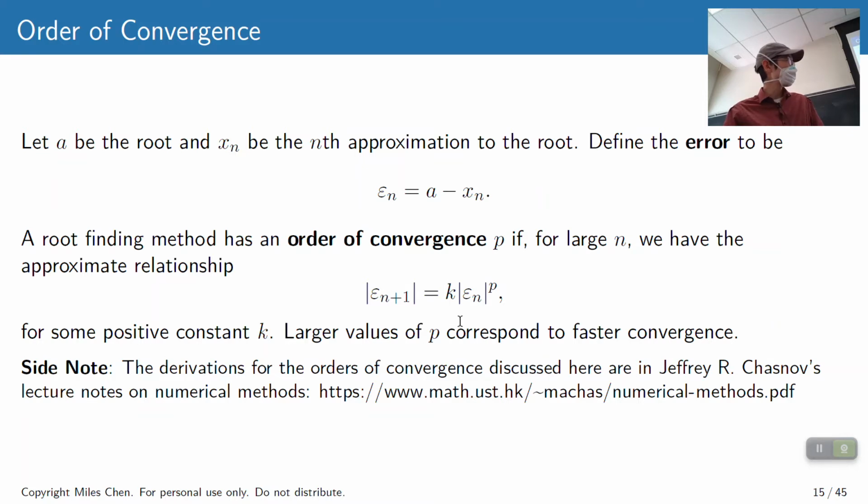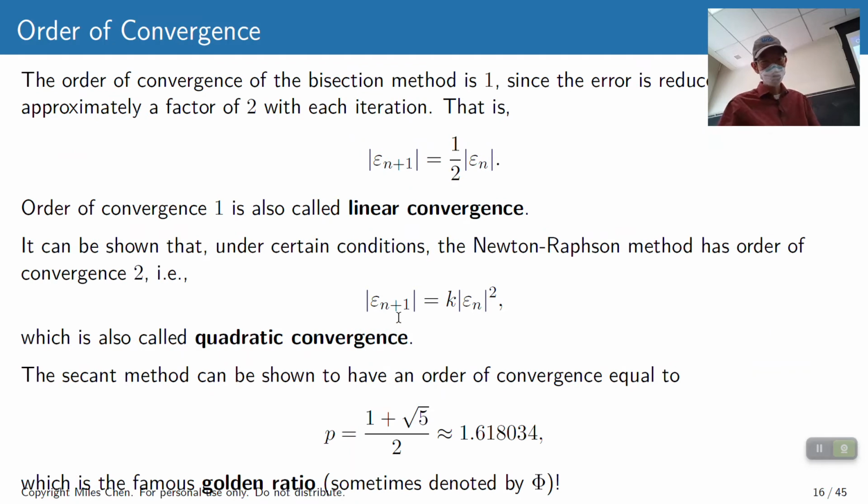So if it's shrinking at a very high rate, the power p is like 2 or 3. On the other hand, maybe the next iteration is only some smaller power version of this. For example, the bisection method has linear convergence.